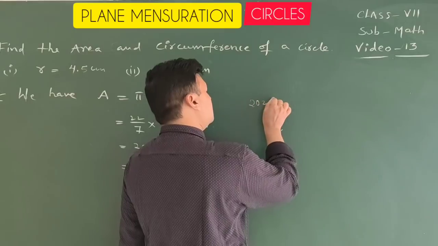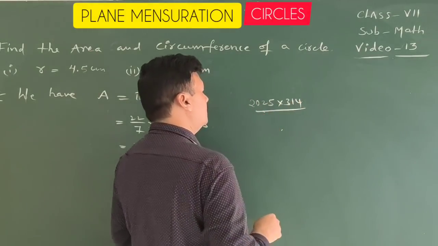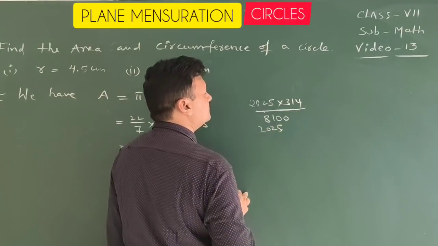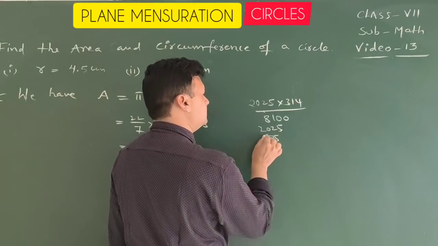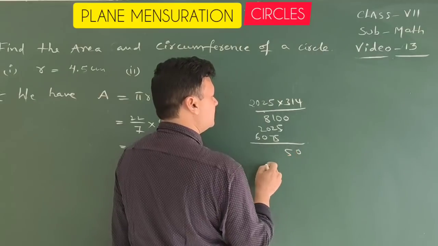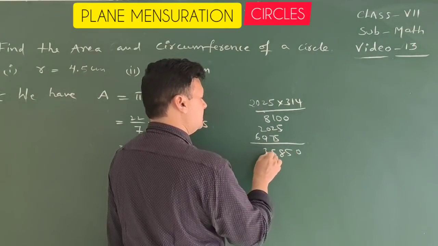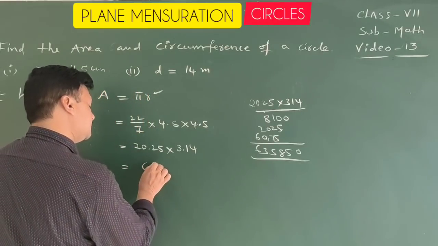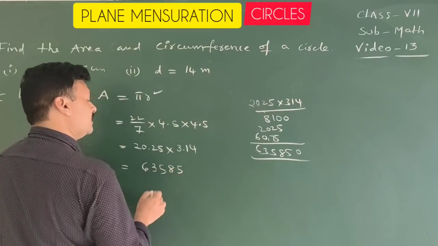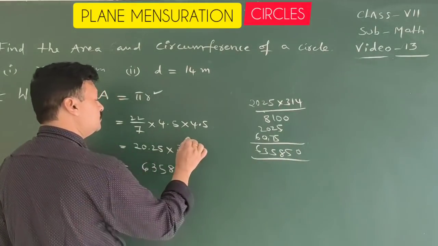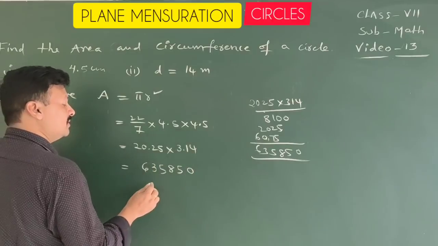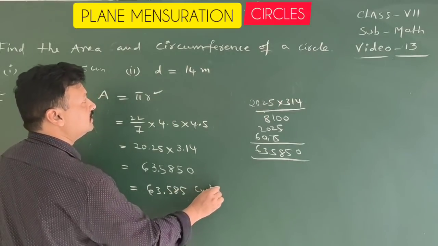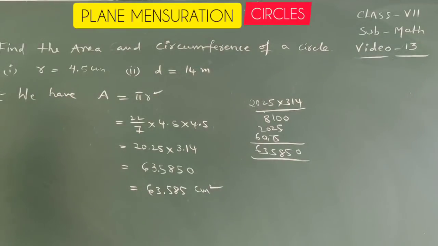Multiplying it out, we get 63.585 centimeters square is the area.